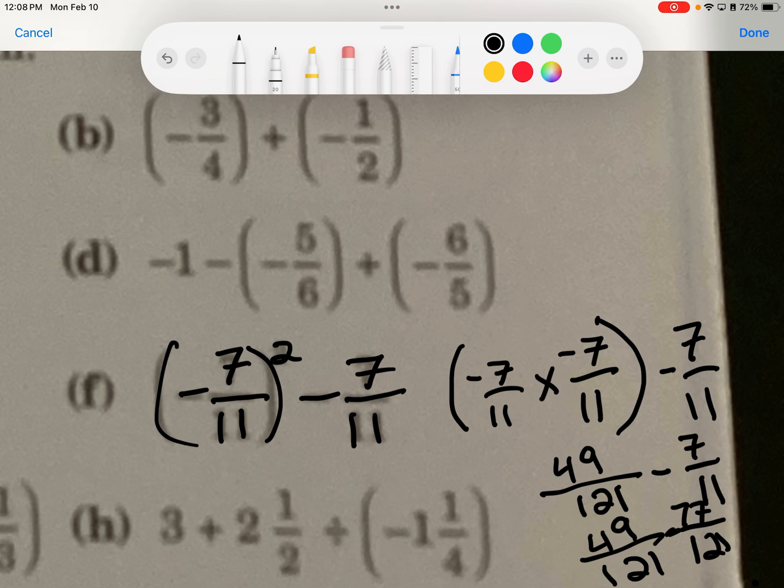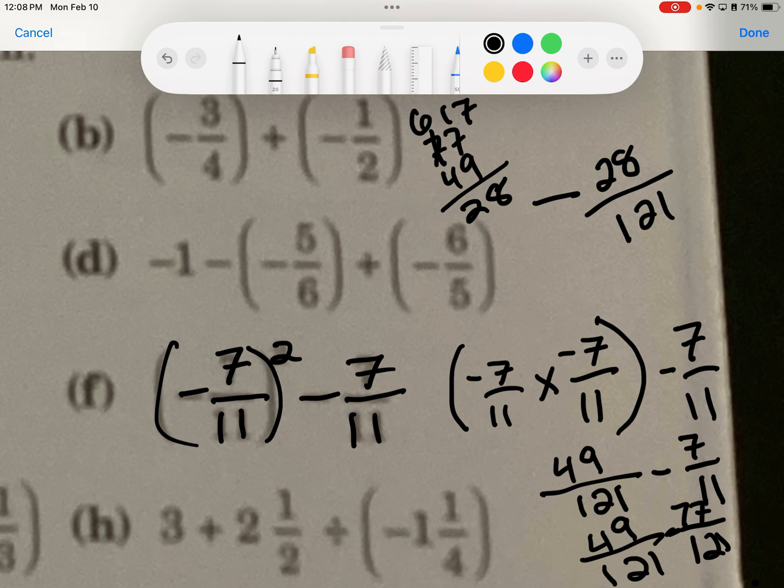So we know our answer is going to be negative, because 77 minus 49, the difference, and then the sign of the larger number. 77 minus 49 is 28. So we end up with negative 28 over 121.